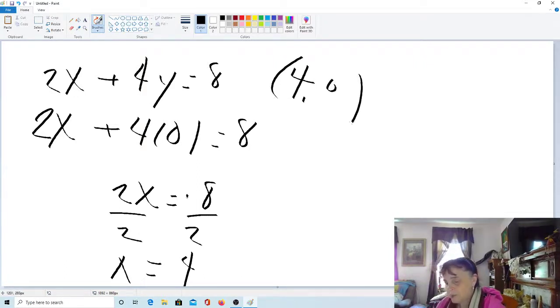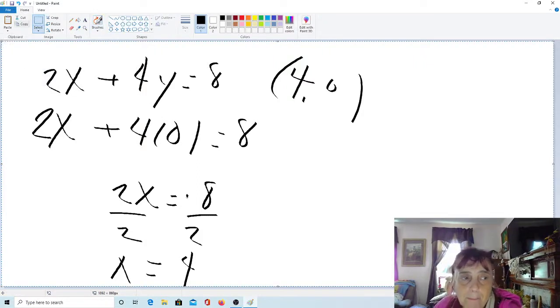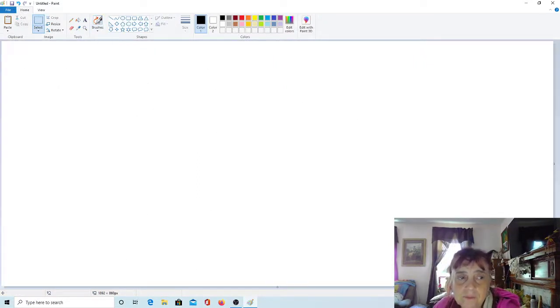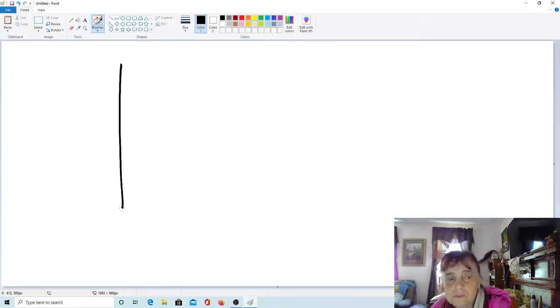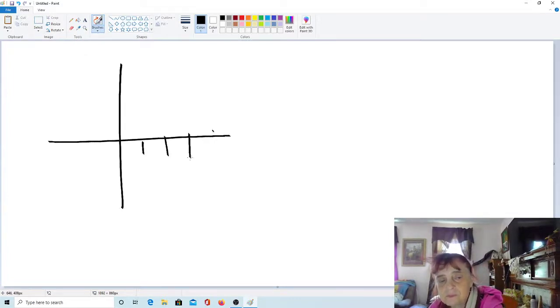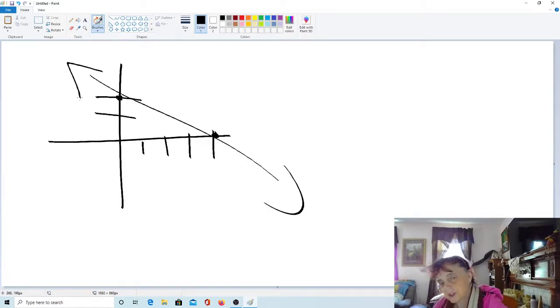So you plot your points (4, 0) and (0, 2). Okay, so there's your line. And it's a negative slope because it goes from right to left. If it goes left to right, that'll be a positive slope.